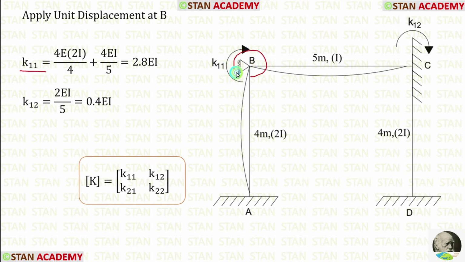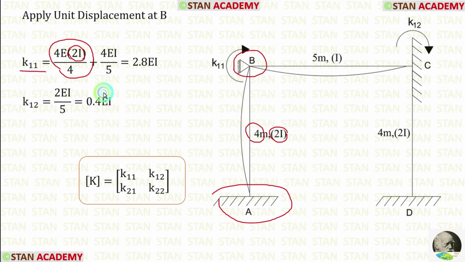For that, from the point B, we have to look on the other ends. In the end A, there is a fixed support. If the far end is fixed, the formula for the stiffness is 4EI upon L. Here the moment of inertia is 2I, so instead of I we have to apply 2I. Length of BA is 4. Let us apply that.